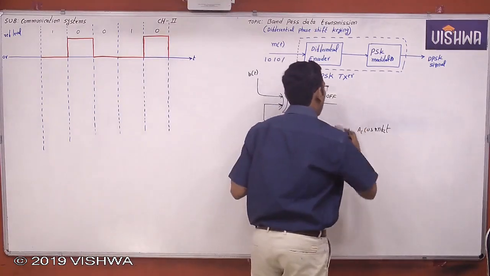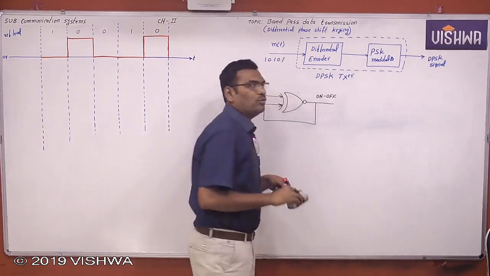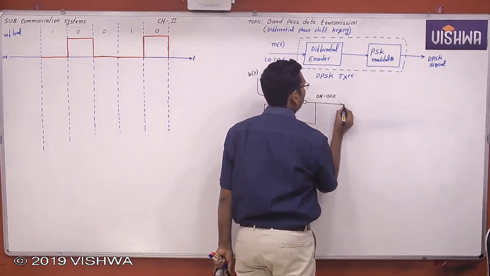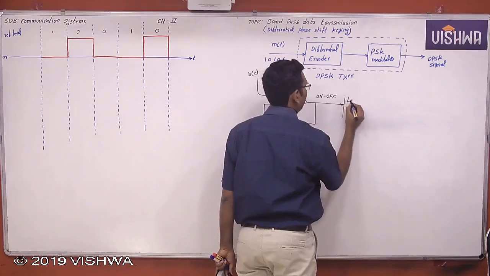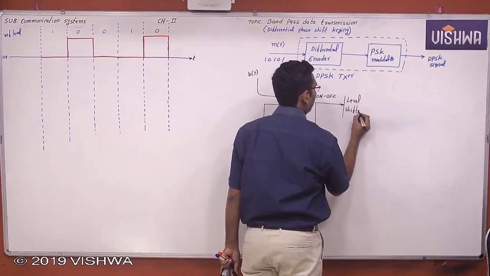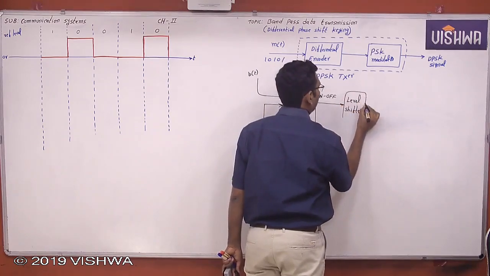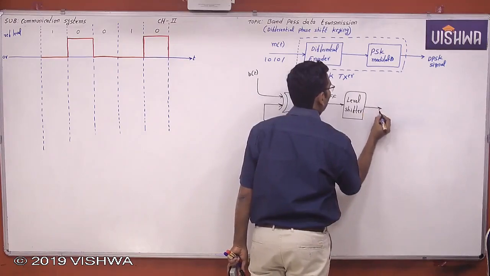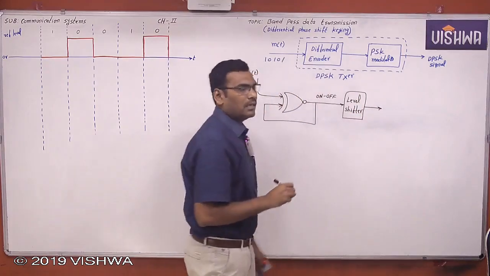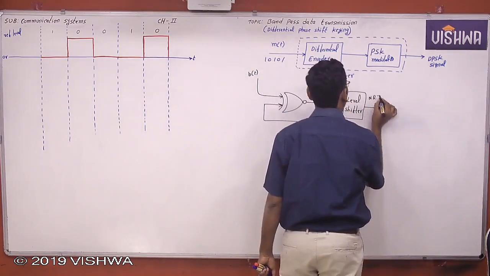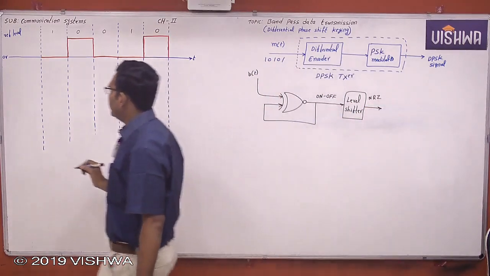Therefore, this on-off signal must be converted to non-return to zero, so here we use a level shifter. The level shifter shifts the on-off representation to a non-return to zero representation.